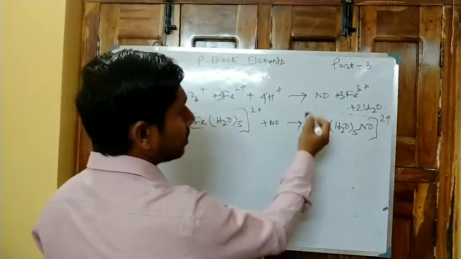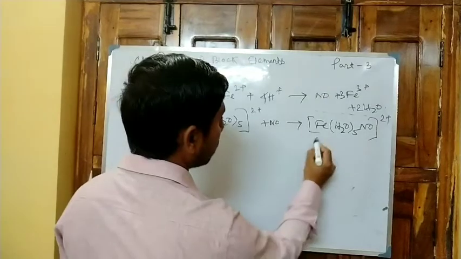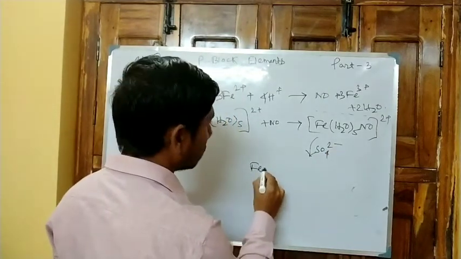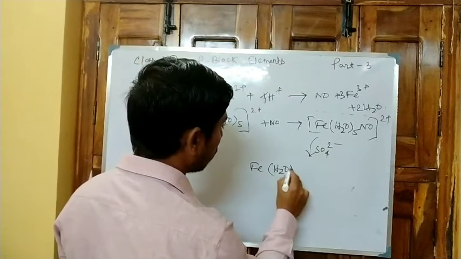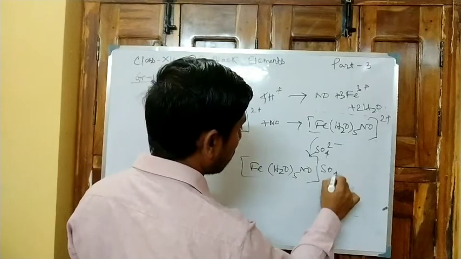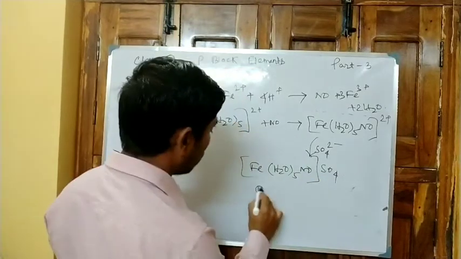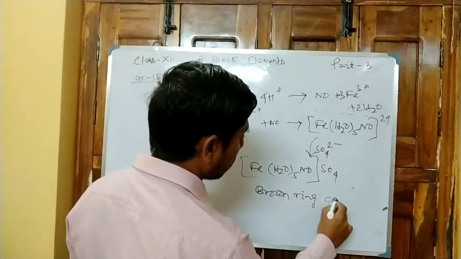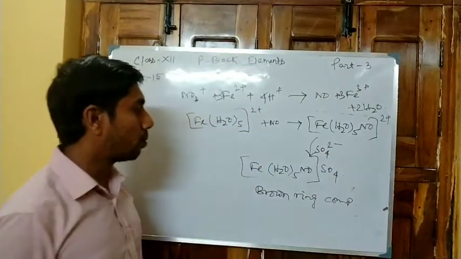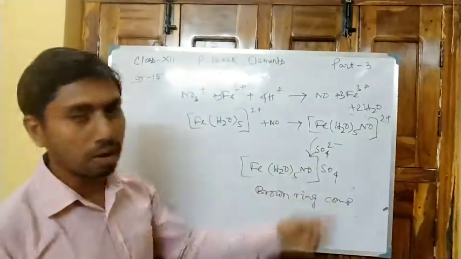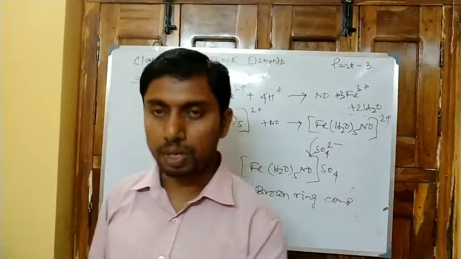And as the medium contains sulfate ion, in the presence of SO4 2 minus the charge is balanced, giving [Fe(H2O)5NO]SO4. It is the brown ring compound. The name of this compound is hexaaquanitrosoiron(II) sulfate. It is the complex nomenclature.